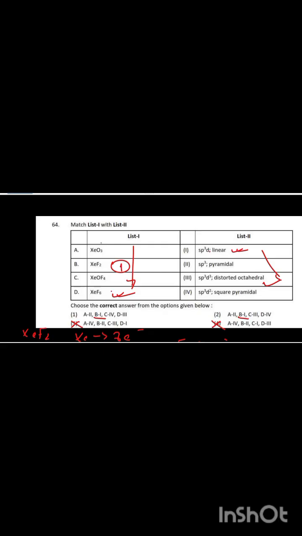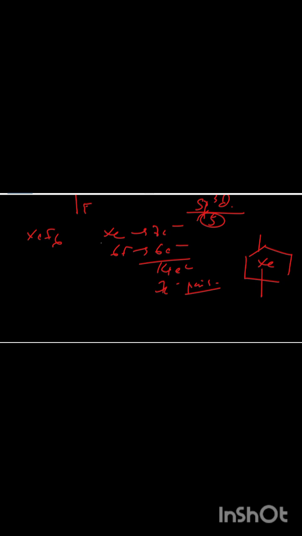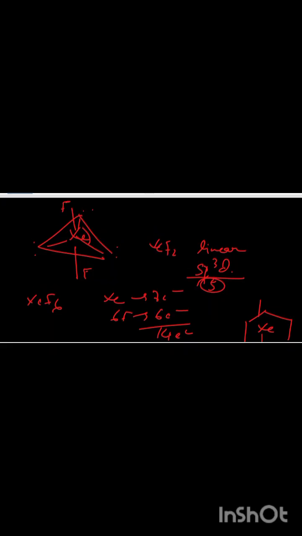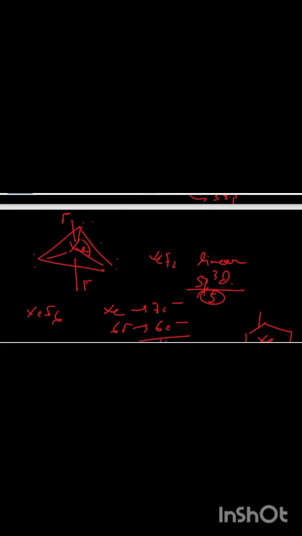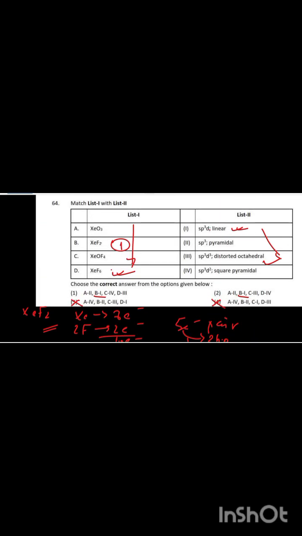And if there are 7 electron pairs, the hybridization will be sp3d3. Why? Because 1 plus 3 plus 3 gives 7. Similarly, in XeF2, since there were 5 electron pairs, sp3d was 1 plus 3 plus 1. So sp3d3 gets matched. So option D corresponds to 3. So option 1 is correct.